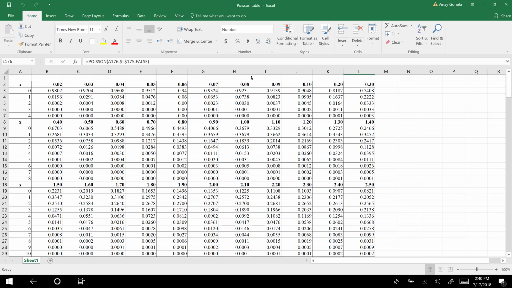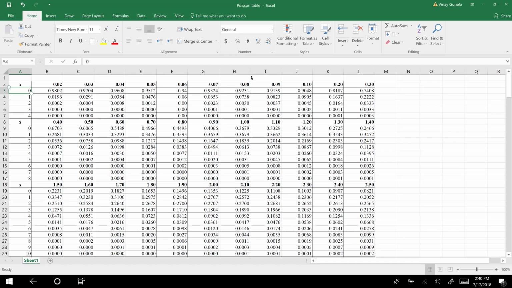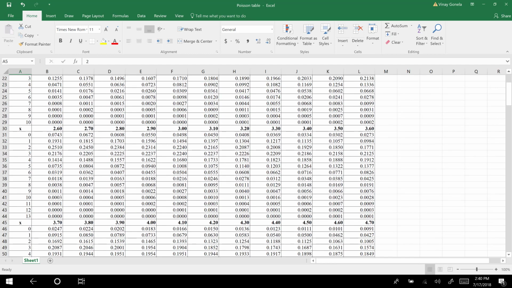The row at the top has the lambda values, and the x values are in the columns. We are looking for a lambda of 5, so I can go down and look for lambda of 5.